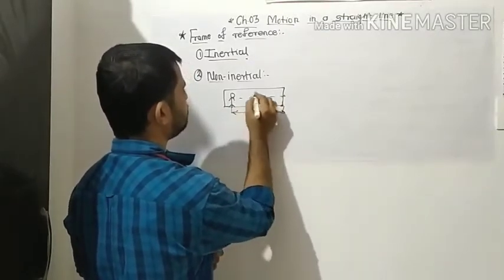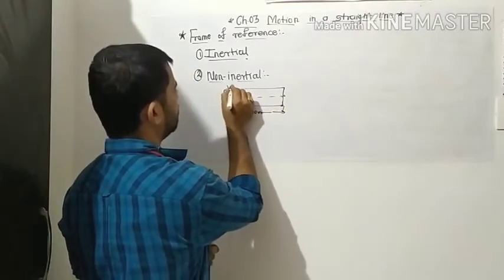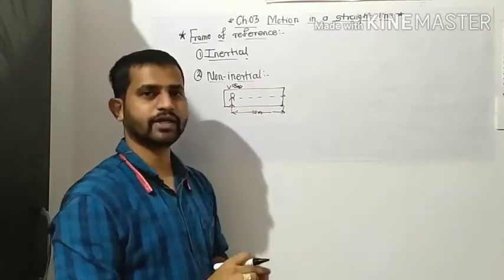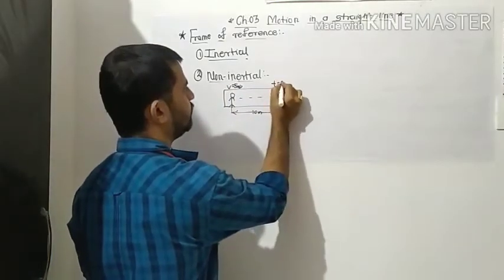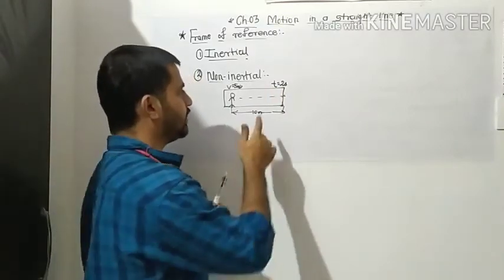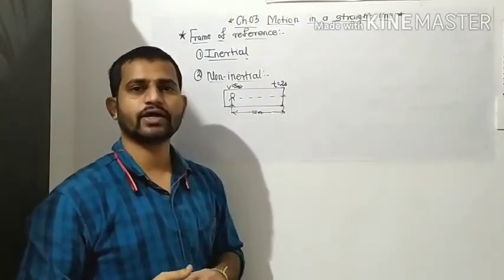Then the velocity is 5 meters per second. To cover a distance of 10 meters, it will take a time of 2 seconds.